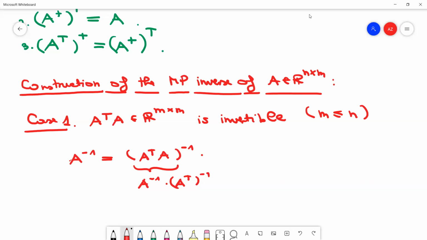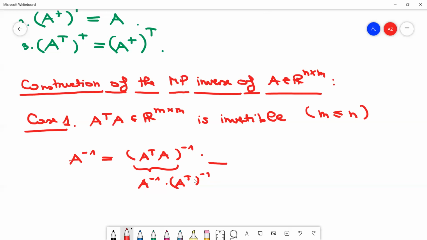So here, do you see? Does anybody see what we need here to get A inverse? So we have A inverse times A transpose inverse.